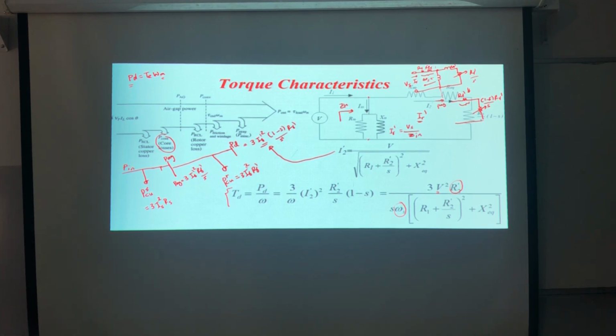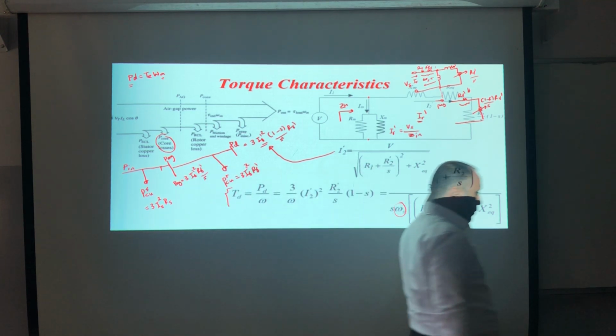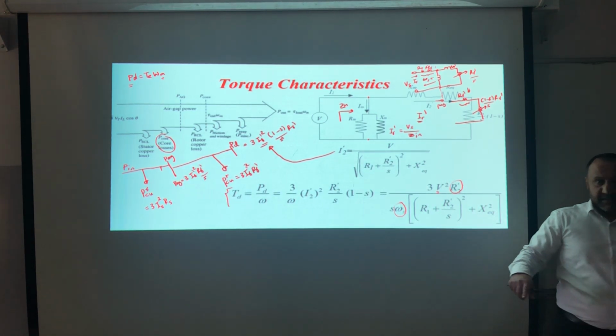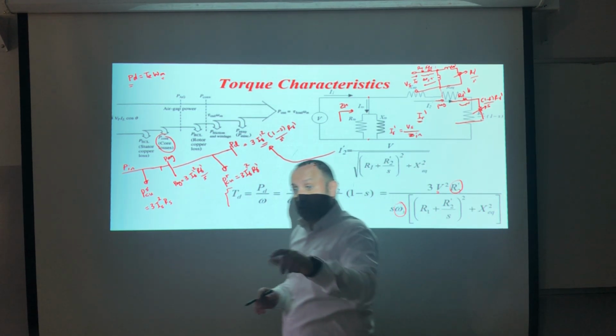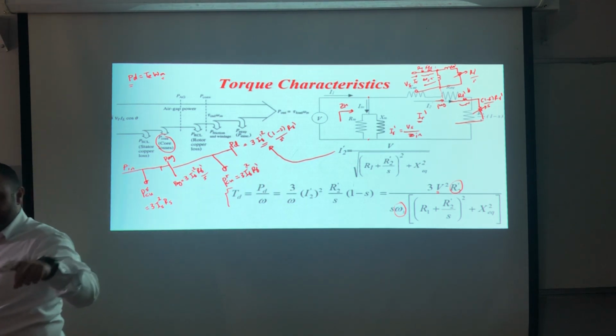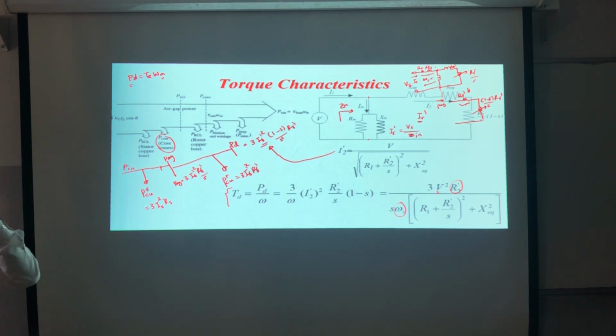Yeah? So now, for the wound rotor, we can change the external resistance. It's an option. For the wound rotor, I have three methods to change the torque speed characteristic or to control the speed. At the end of the day, if I need to control the speed, I need to modify the torque speed characteristic, because the intersection between the torque speed characteristic of the load and the machine specifies the operating point.